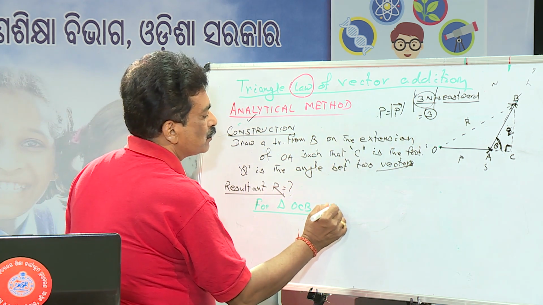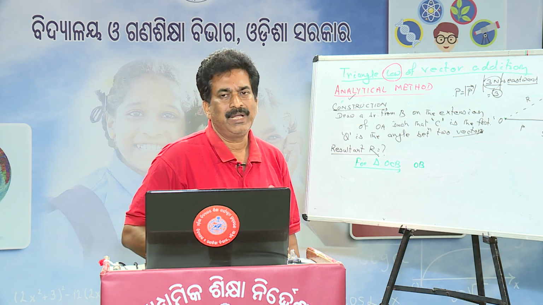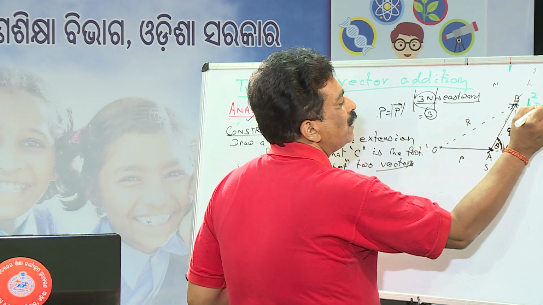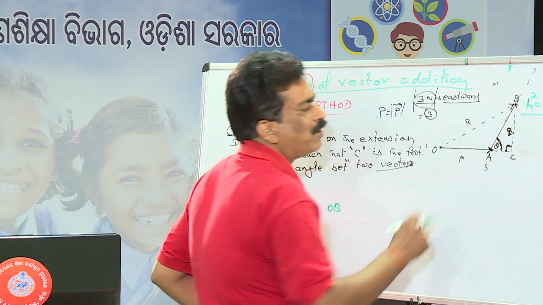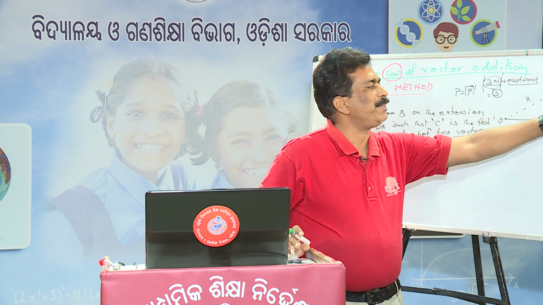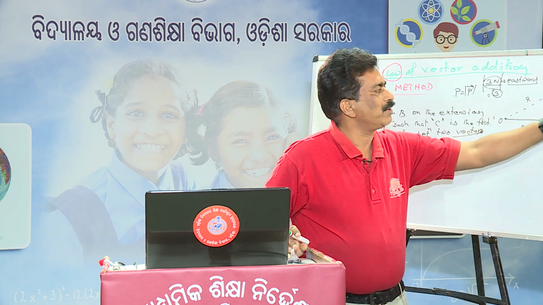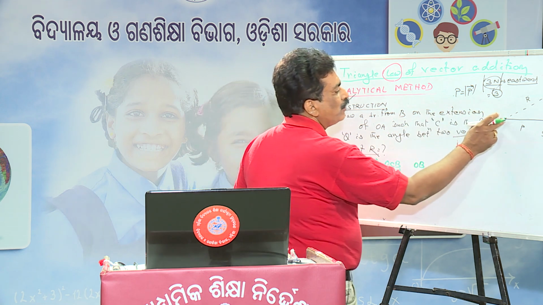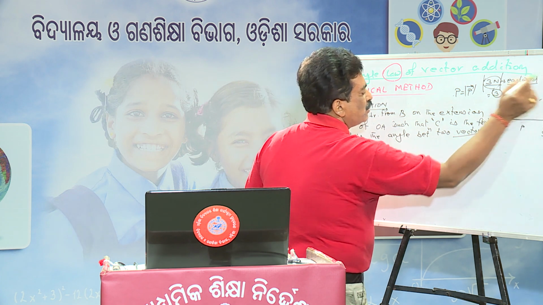As I said earlier, in the hypotenuse theorem we know that h square is equal to b square plus p square. H is the hypotenuse, b is the base, p is the perpendicular. The same thing applies here: h is the kernel, and this kernel is OB.